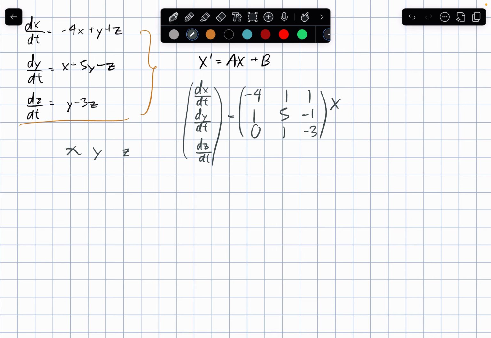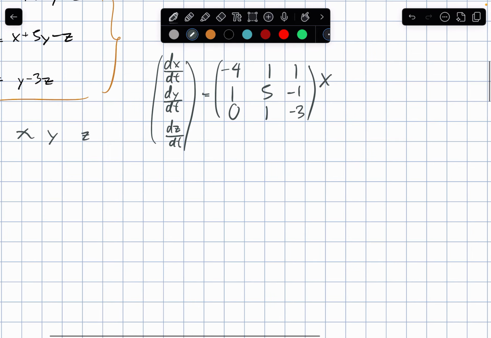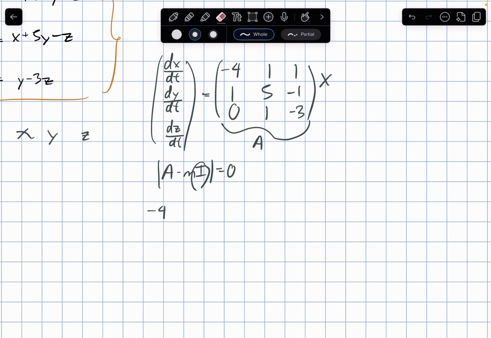So what's the first step? Now that we have this, we have to pay attention to our A, our matrix. The first step to evaluating is by this. You don't have to mind the I anymore.